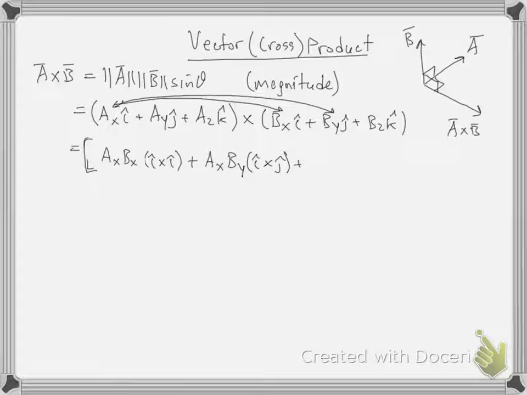And the third term associated with AX is AX cross BZ. So thus we have the I hat unit vector from AX crossed with the K hat unit vector from BZ. This is 1/3 of the way through this entire expression. Eventually we'll have 9 terms. So, on to the 4th term.